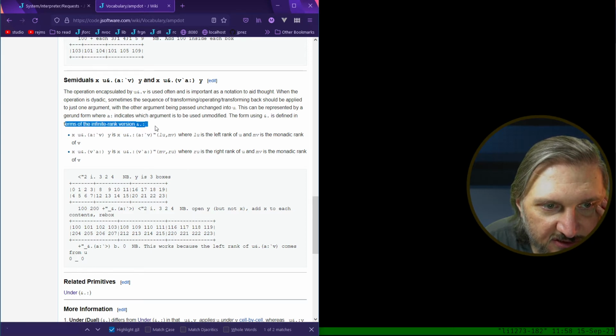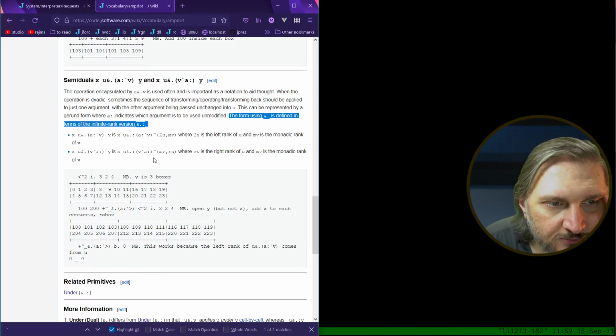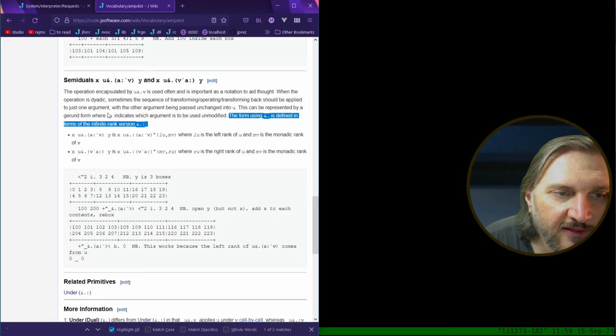The infinite rank version here. Yeah, so the form using the and dot is defined in terms of the infinite rank version. I think these are exactly the same.